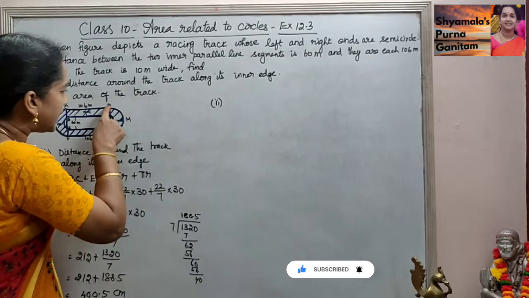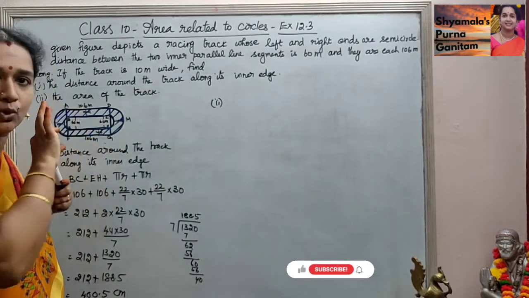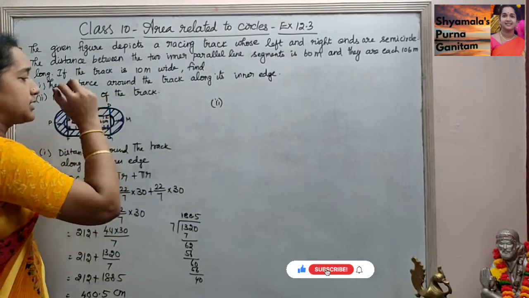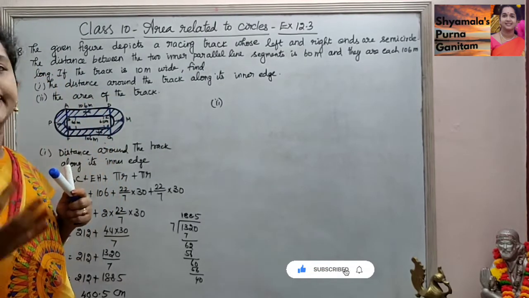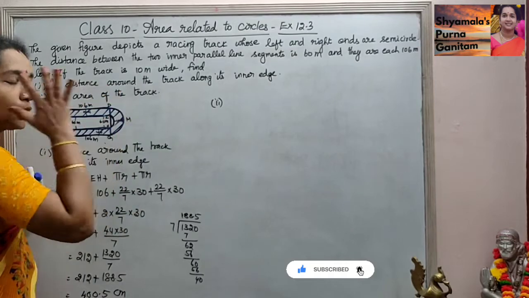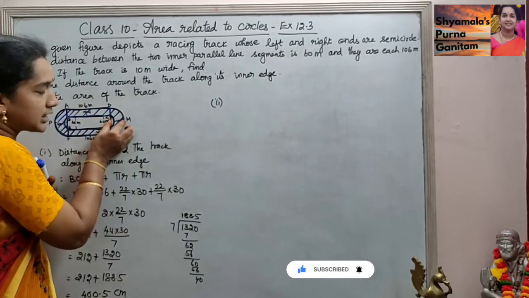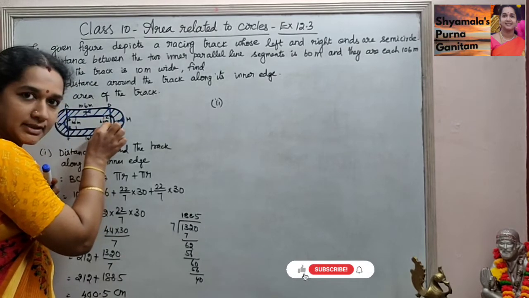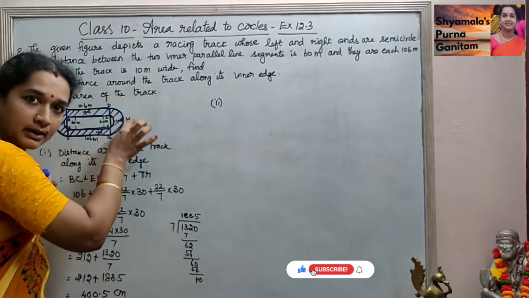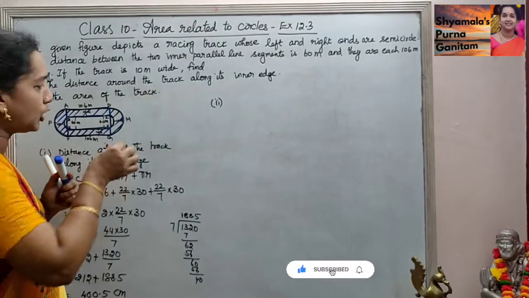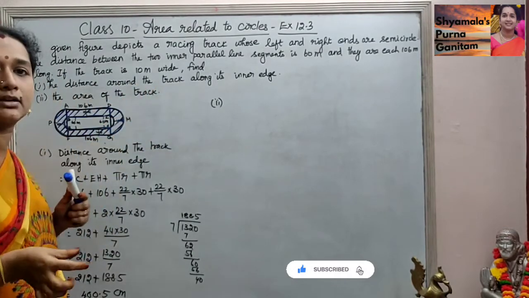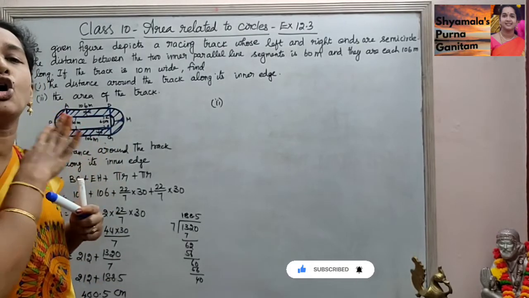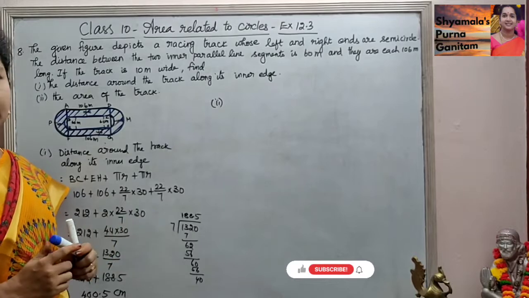For finding the area of a rectangle, we know it is length into breadth. The length is given as 106 meter and the breadth is given as 10 meter. We multiply by 2 to get the area of these two rectangular parts. For the semicircular parts, we find the area of the bigger semicircle and the smaller semicircle, and when we subtract, we get the area of this semicircular part into 2. Then we add all 4 parts to get the answer.